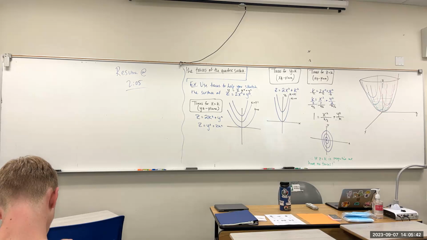I believe it should be a cone, because when z equals k, equals 0, you're getting those two lines. If it goes from hyperbola to straight lines, then that's a bit different.